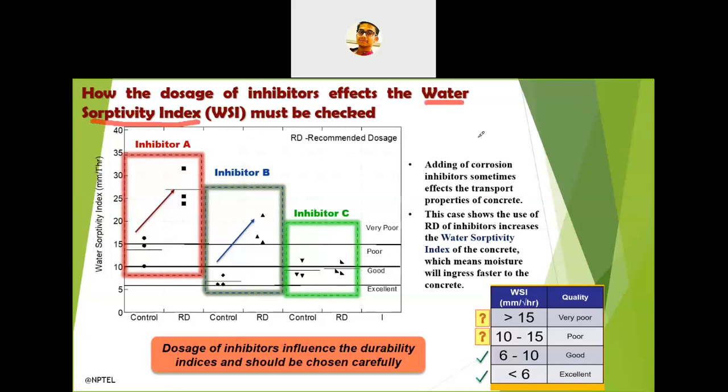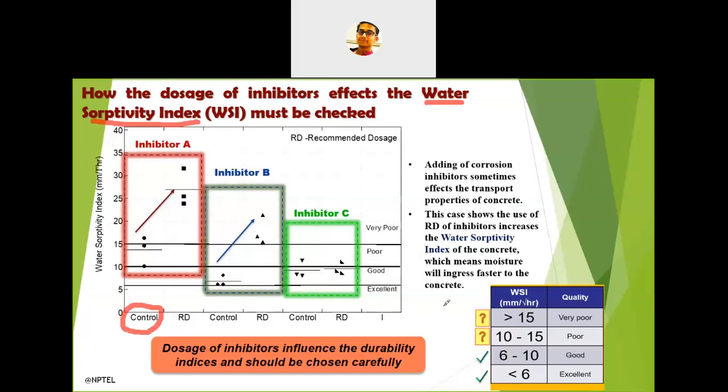So they have studied the water sorptivity index in different concrete mixes by using these three different inhibitors, and they found that in the case of control without using any inhibitor, the water sorptivity index was near 14 or 15. But when they used the recommended dose, they got the water sorptivity index as 27, 25 plus.